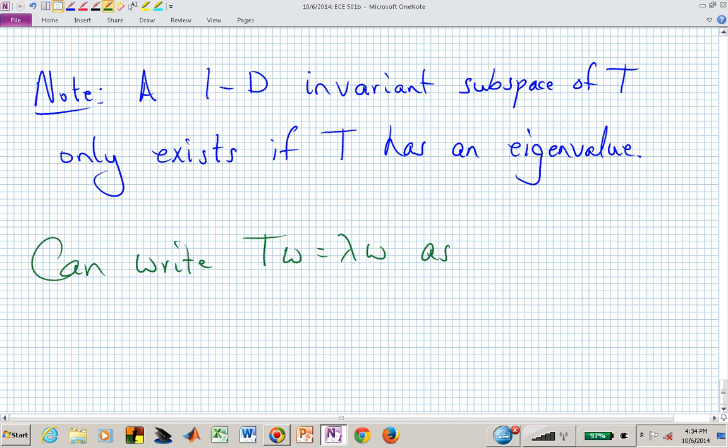Let's subtract lambda w from both sides and factor out the vector w, and now we can say that (T minus lambda I) w is equal to 0.